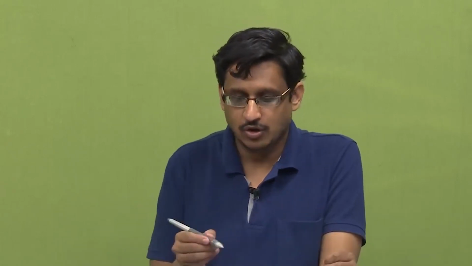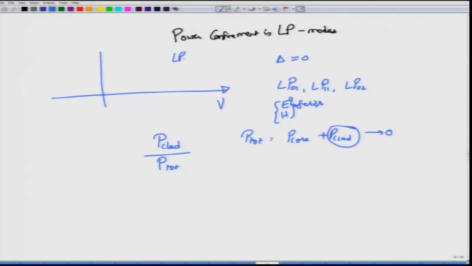When you operate, for example, the fundamental mode LP01 mode or the HE11 mode, both essentially the same, very near to the cutoff frequency, remember, their cutoff is just at V equal to 0, at that point, if on the y axis I plot power in cladding to the total power, this would be almost equal to 1 for quite a bit of values of V very nearly equal to 0.